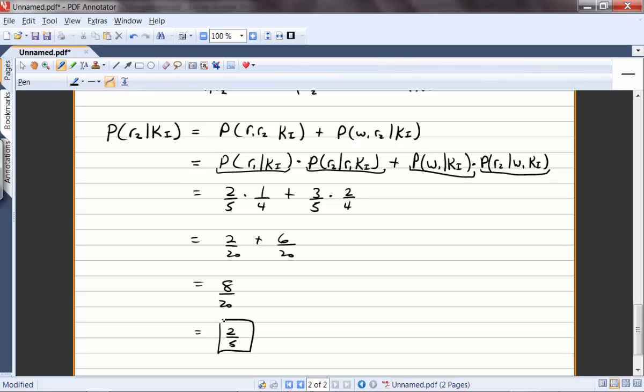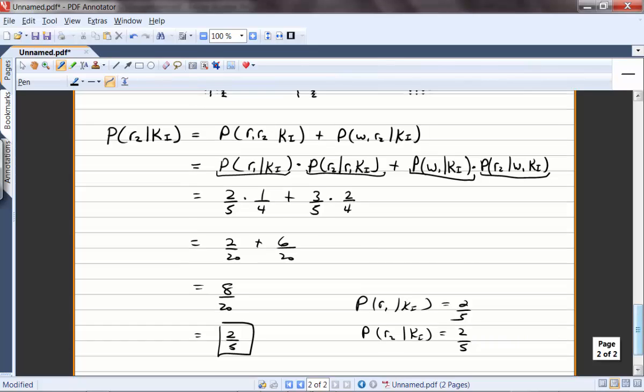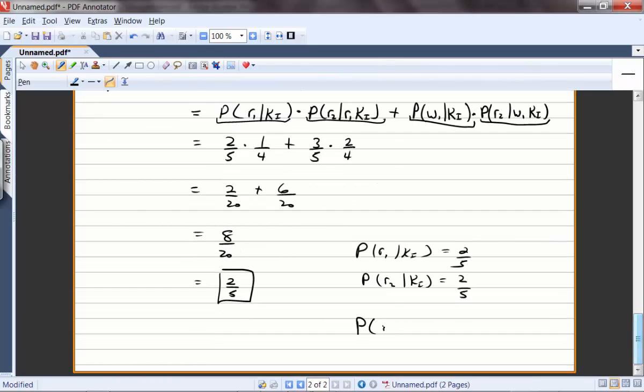So this is interesting. The probability that red is drawn on the first draw, given our initial knowledge, is 2 over 5. The probability that red is drawn on the second draw, only given our initial knowledge but not knowing what ball was drawn on the first draw, is also 2 over 5. In fact, you can show the probability that red is drawn on the third draw, given our initial knowledge, is equal to 2 over 5.